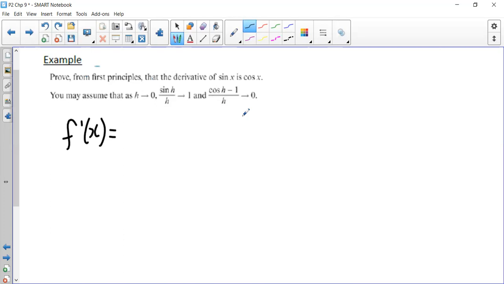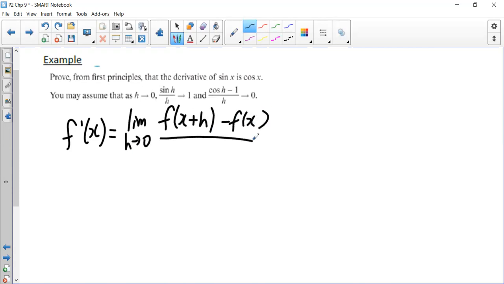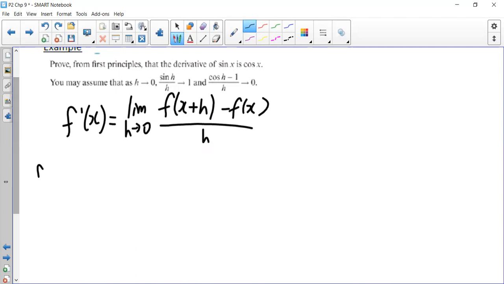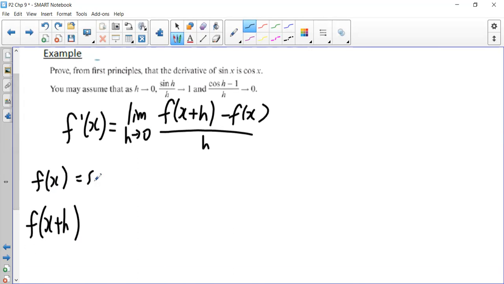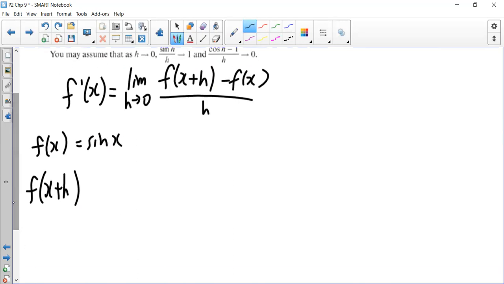So f dash x is, oh wait, hang on, I forgot. They have the limits. So limit h tends to 0, f of x plus h minus f of x over h. The way I set it up is to set up f of x and f of x plus h first. f of x is sine x. f of x plus h is sine of x plus h.